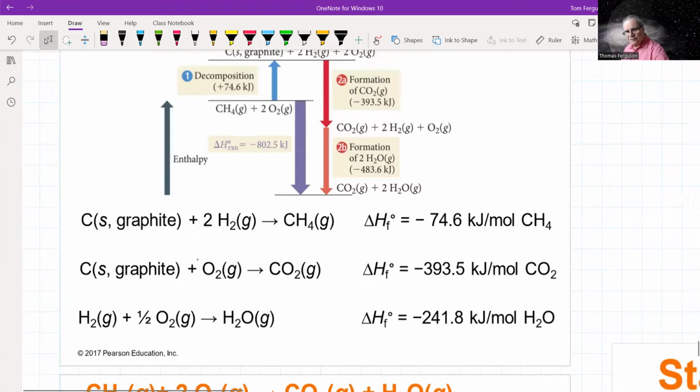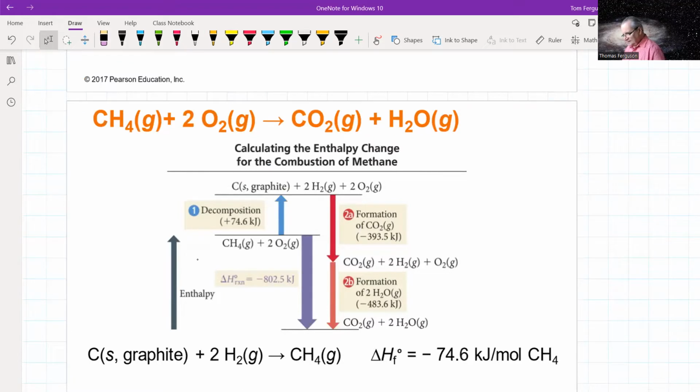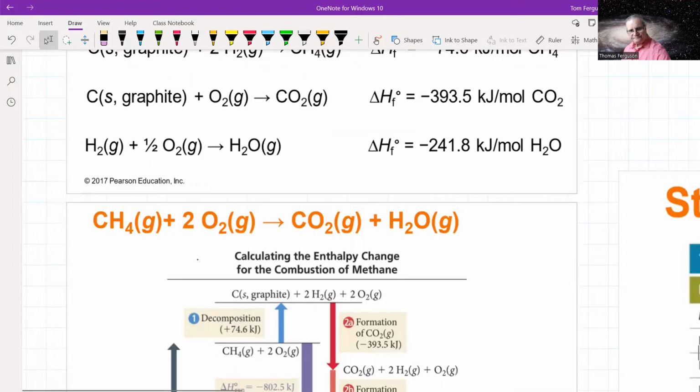The tables usually don't give a specific delta H for specific reactions because there are so many. So let's see how to do that.